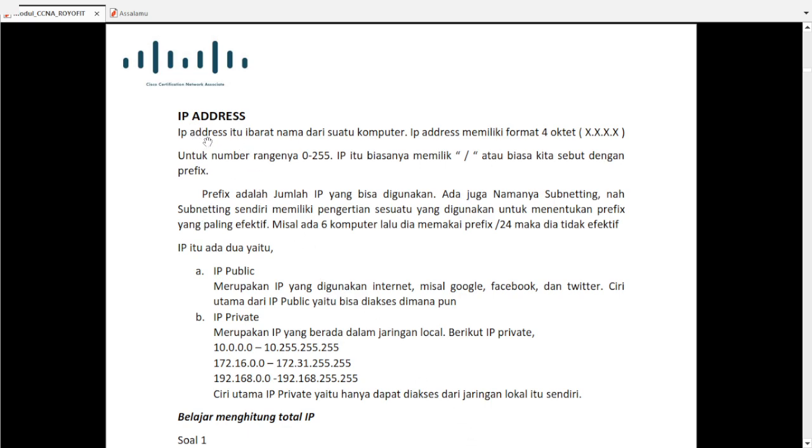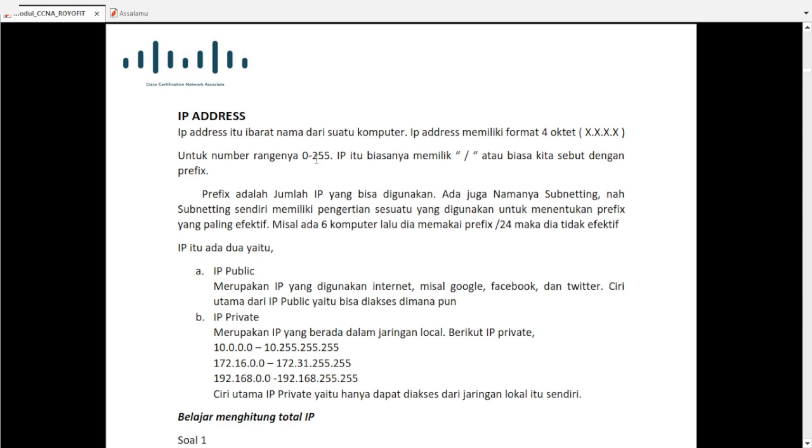Okay, an IP address is like a name on a computer. An IP address has 4 octets, for example x.x.x.x, with numbers ranging from 0 to 255.